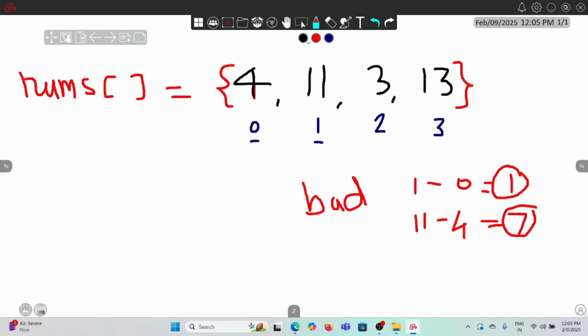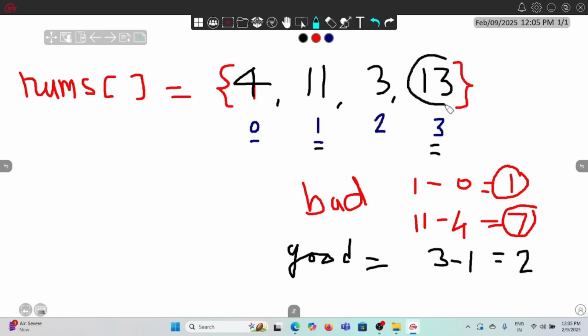I will take an example of a good pair as well. So where is the good pair? If we take the values sitting at index 1 and index 3, what is the index difference? It is 3 minus 1, which equals 2. This is the difference j minus i. Now look at the values. The value at index 3 is 13, and the value at index 1 is 11.